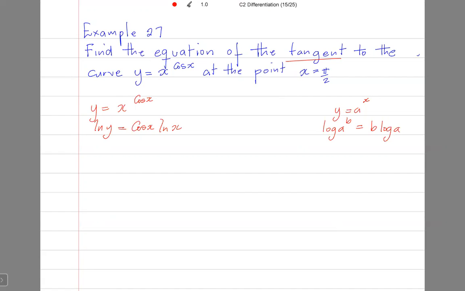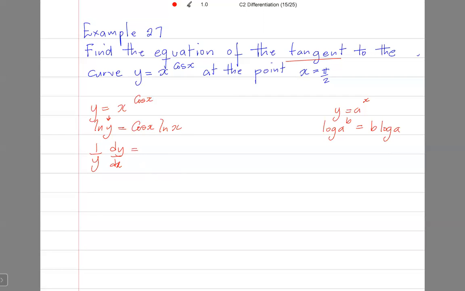So now I'm ready to differentiate. If I differentiate ln y, that's sort of like an implicit differentiation. I'm going to get 1 over y. Then I have to multiply by the differential of the inside function, which is y. When I differentiate y, I'm going to get dy by dx.